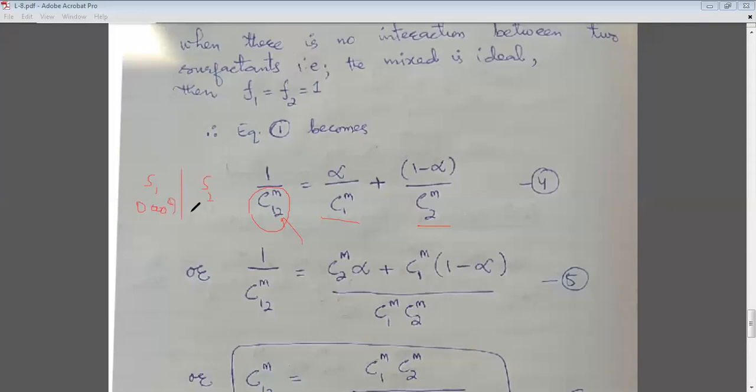Suppose we are adding now surfactant 2, its CMC is 0.008. Now when you add these two surfactants, what will be the intermediate CMC? You can calculate by this equation. Simply suppose its mole fraction was 0.1. Please do this at home so that you can get this equation.